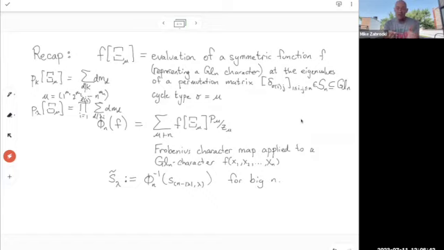When I apply it to a symmetric function considered as a GLN character, I said my first definition of S lambda tilde, not the best one because it's hard to get at, is the inverse image of a single Schur function for large n. Okay. Any questions?